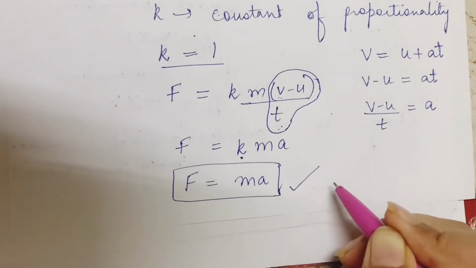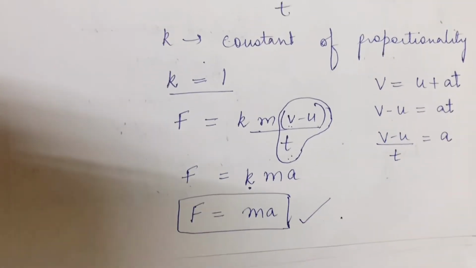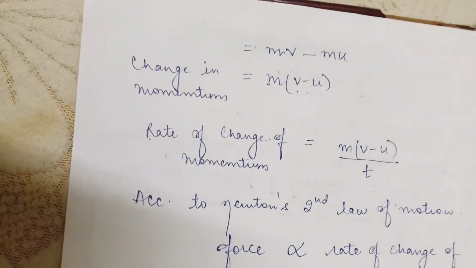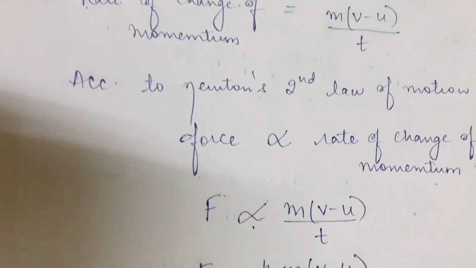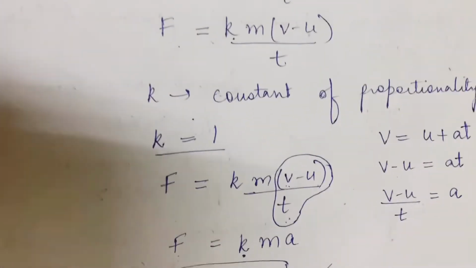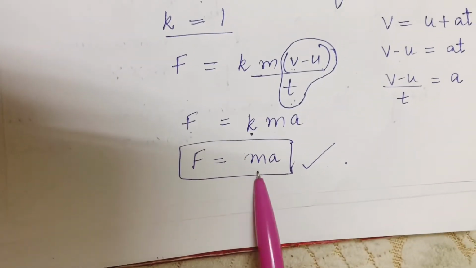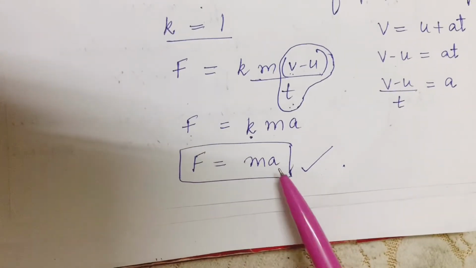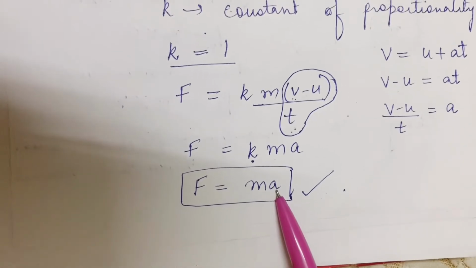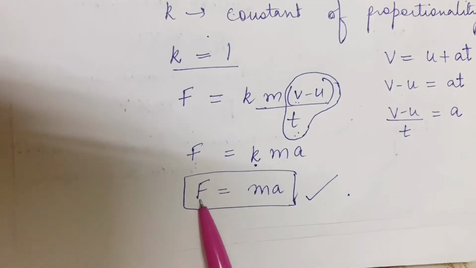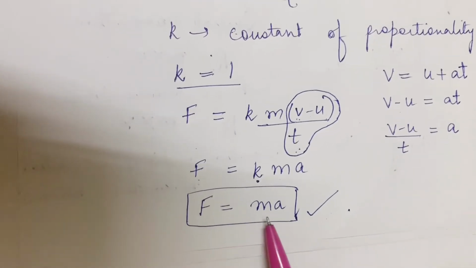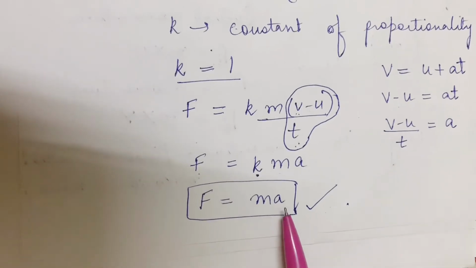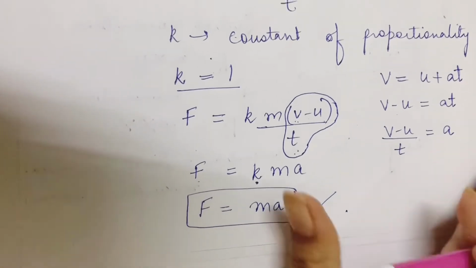So this is the derivation of Newton's second law of motion, in which we discussed that force is equivalent to mass into acceleration. This is your definition of force. That is, force is defined as the product of mass and acceleration.